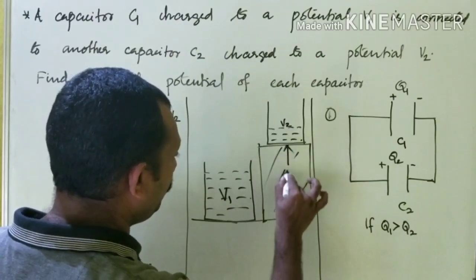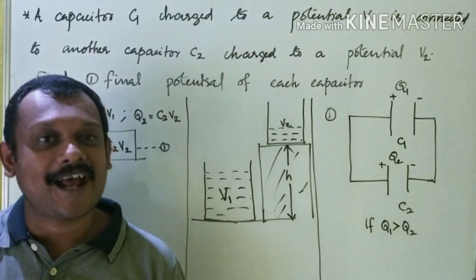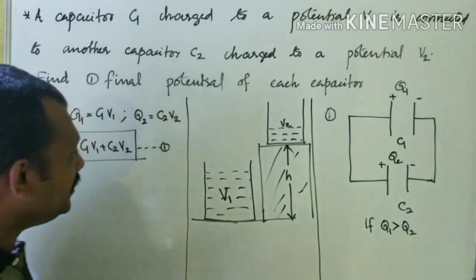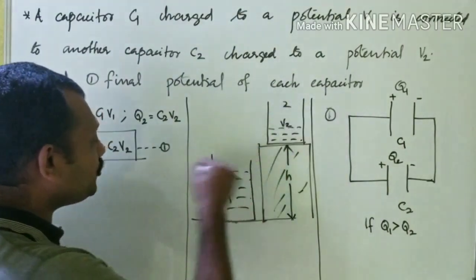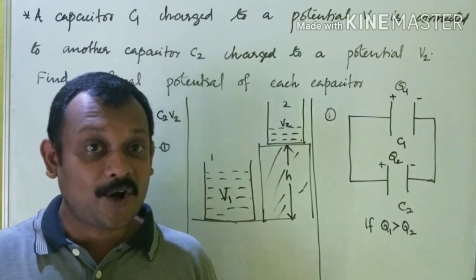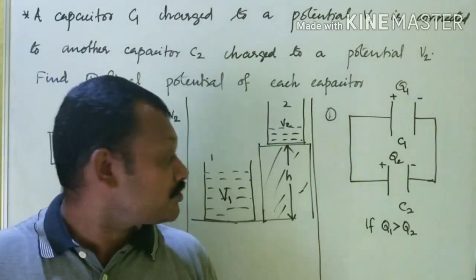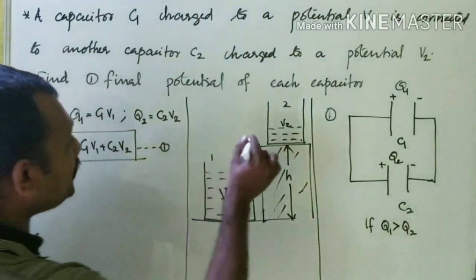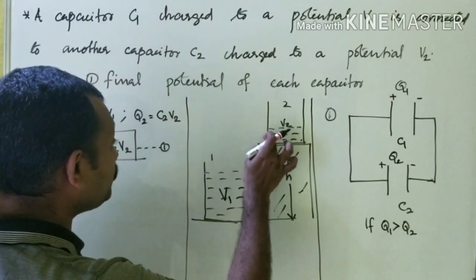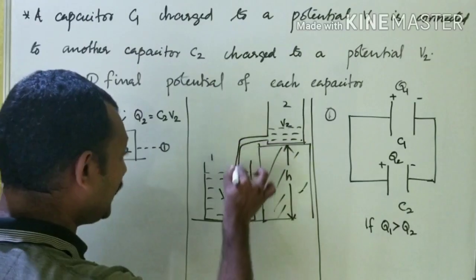Now tell me, which tank has the greater amount of water? Surely tank 1 has the greater amount of water, right? I'm not using the help of any external agency like a pump set. I'm just saying, suppose I connect these two by means of a pipe.